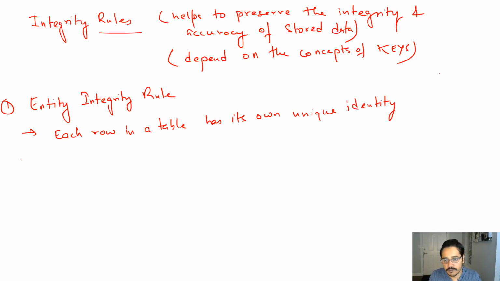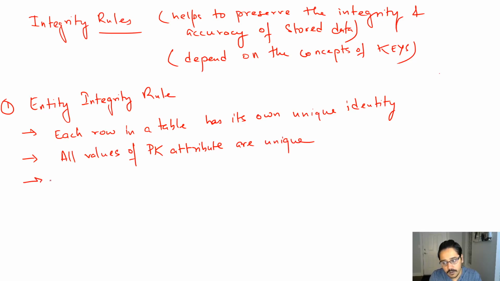And in order to enforce this, you have to ensure that all values of the primary key attribute are unique and no attribute value of the primary key can be null.